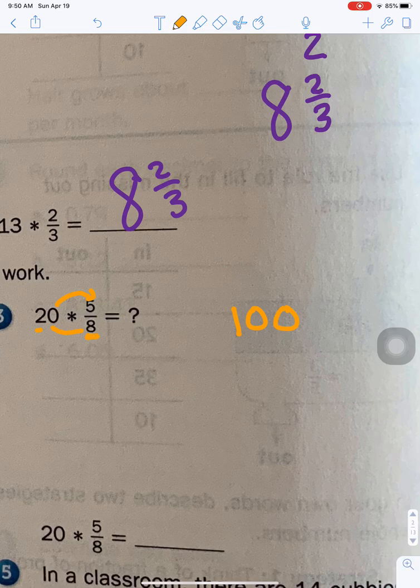And then my denominator is 8, so I can divide by 8. 8 goes into 10 one time. Subtract, that's 2. Bring down the 0. 8 goes into 20 2 times, which is 16. We subtract 16. That's 4. So we have 12 remainder 4.